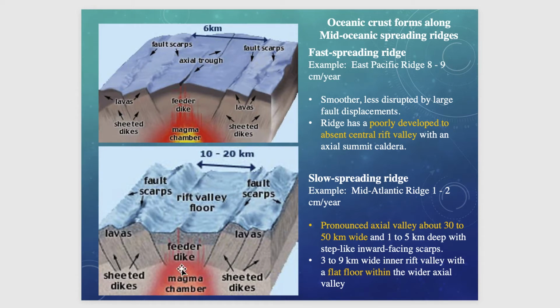So here you expect to have more paucity in the magmatism, so there will be phases in which you have eruptions, others in which it's more quiet, and this fits with the fact that this is a slow spreading ridge.